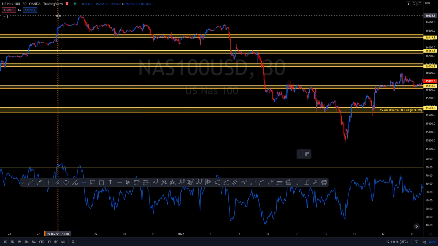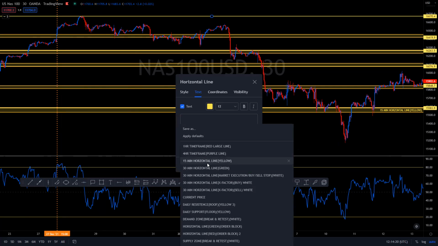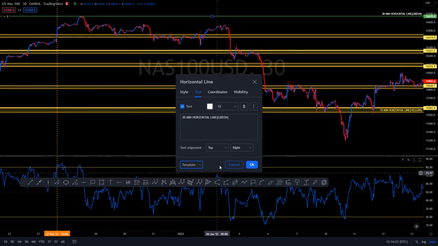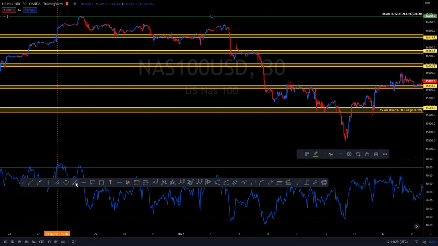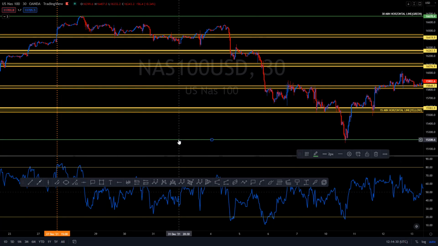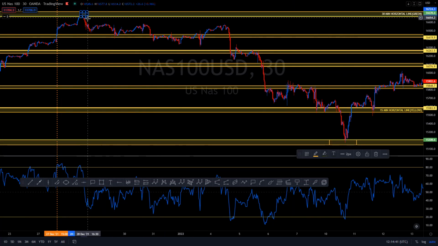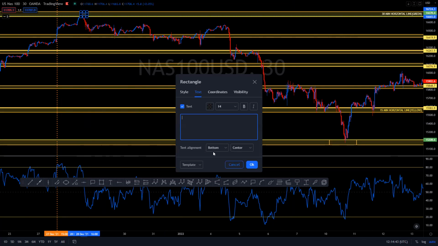And I'm going to put a horizontal line up here. I'm going to make it green because that represents the 30-minute time frame. We want to draw our zones. Light green.